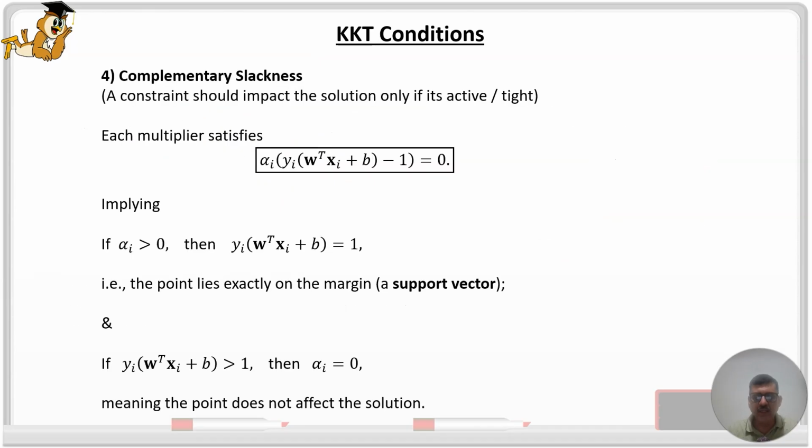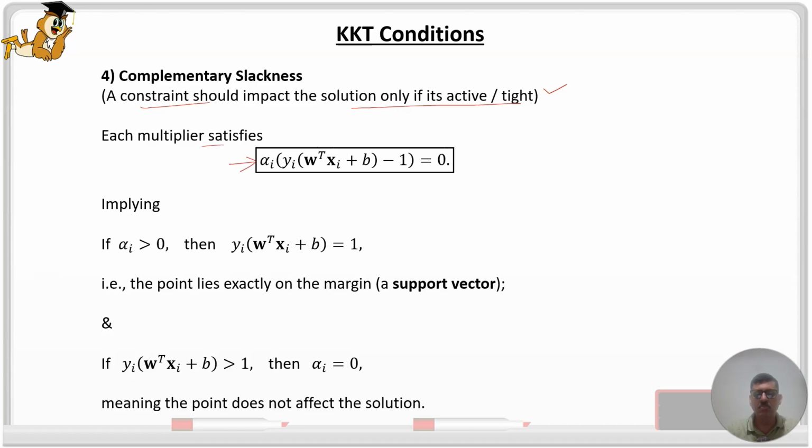The fourth KKT condition is called complementary slackness, and what complementary slackness means is that a constraint should impact the solution only if it is active or tight. In other words, not all constraints are active or tight at every point in time, right? And therefore each multiplier satisfies this condition.